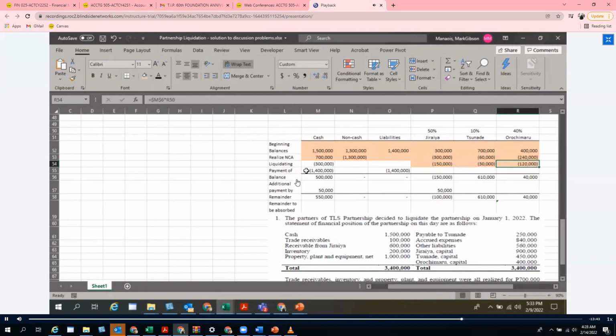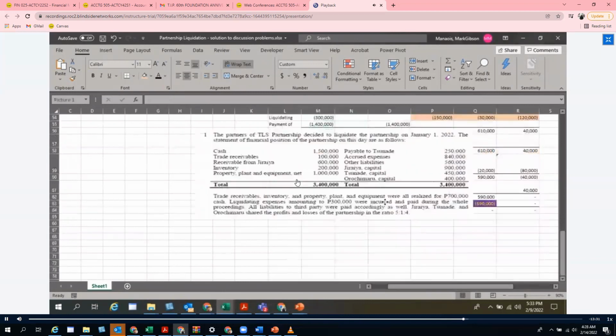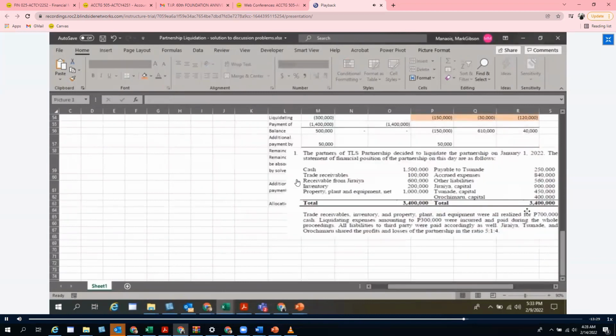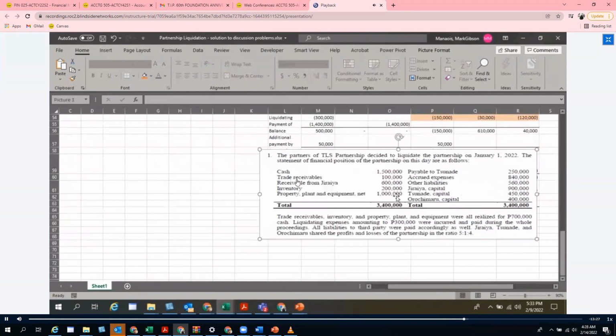Of course, finally, we have to pay our third-party creditors. So we have 1.4 million total liabilities, and we have to pay them all as per the problem. It just so happened that here, we paid in full. There could be instances where the partnership cannot pay its liabilities in full.